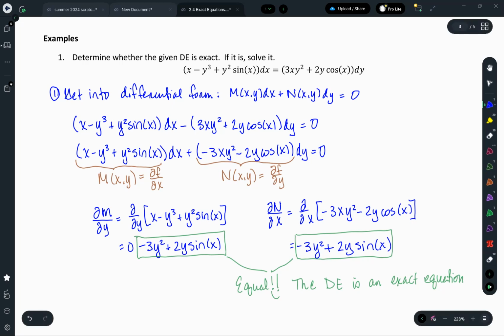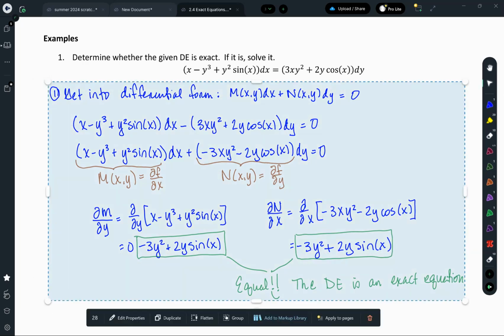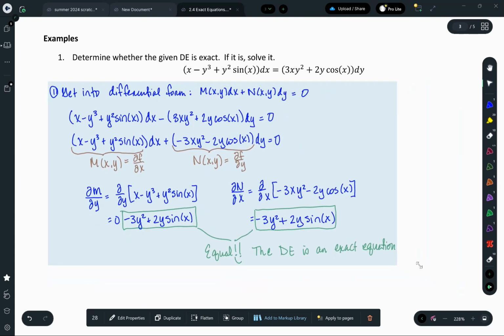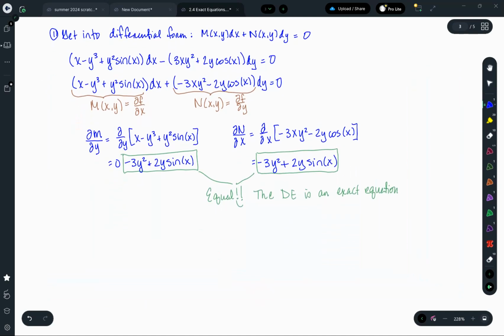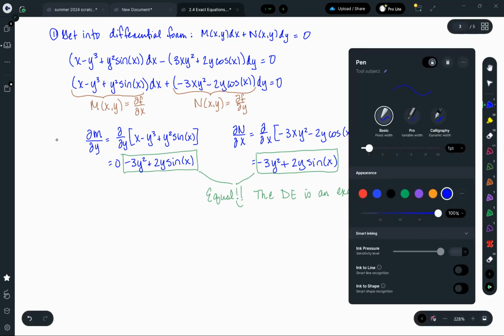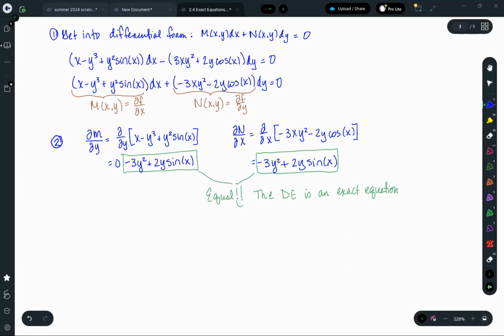All right, so the next thing, and I'm going to shrink this up a little bit so I don't run out of room. My next step is to work backwards in order to get my solution. Okay, so let me see. I got into differential form, and then I want to just label this. The second step was showing that they're exact.